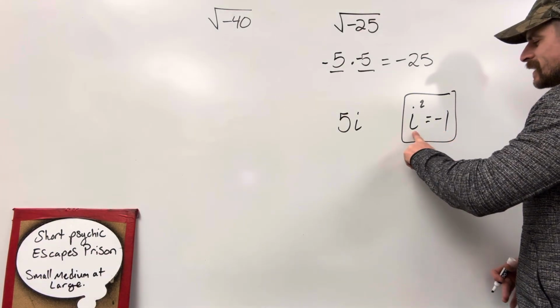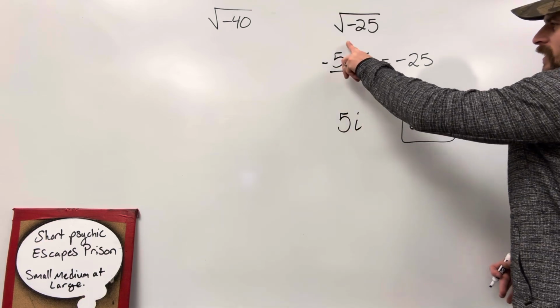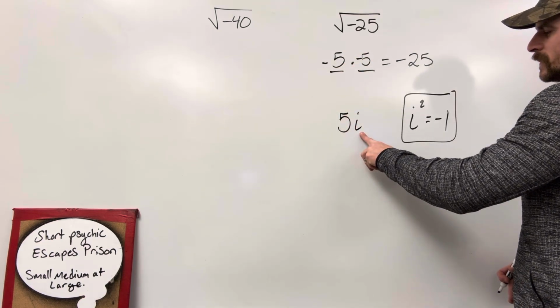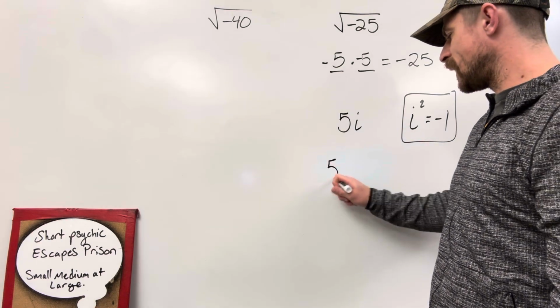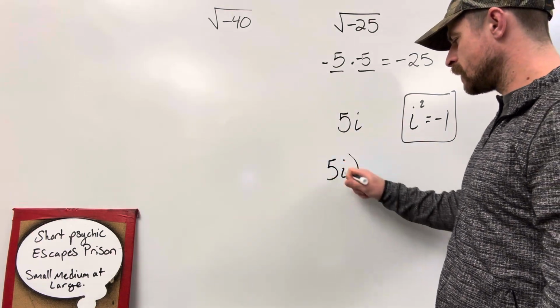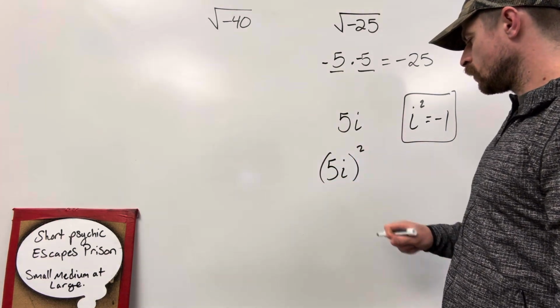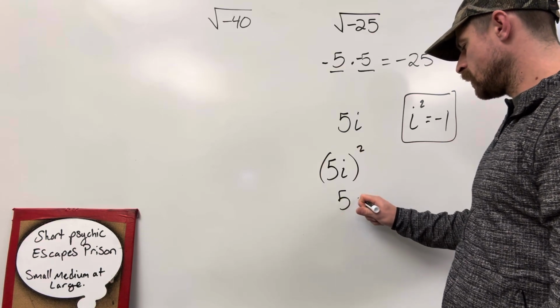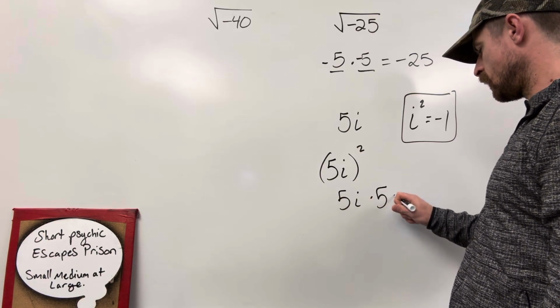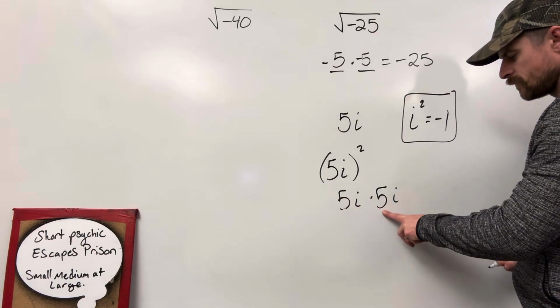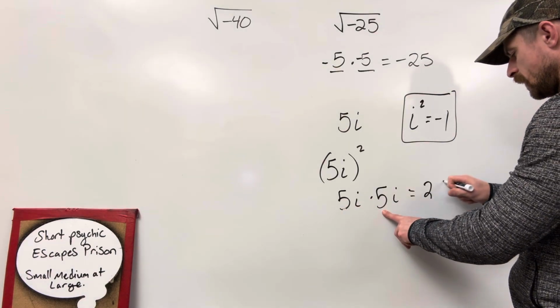Now, if that's the case, let's look at 5i and what that means. So 5i multiplied by itself, so 5i squared, well, that would mean 5i times 5i. What's 5 times 5? 25.